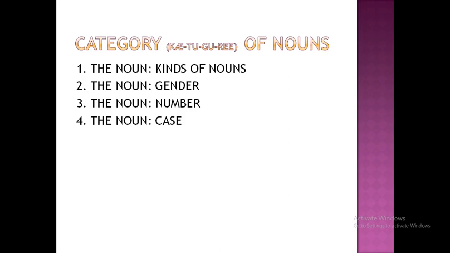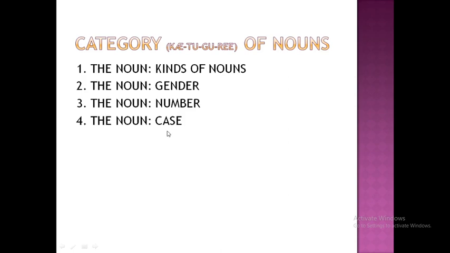Those are more than one, and we refer to that as plural. So that is number, which means singularity and plurality is all about the number of nouns.